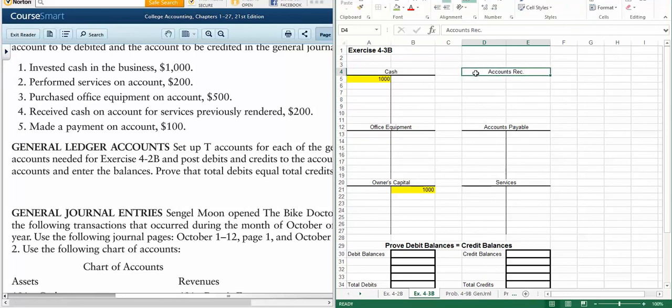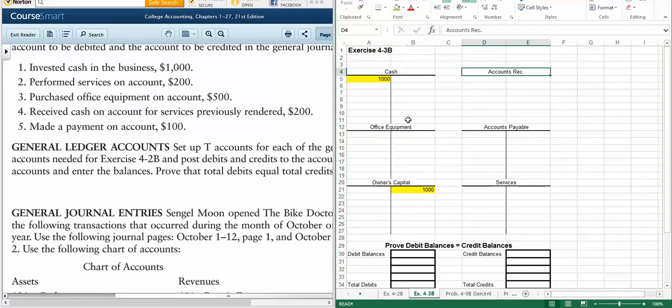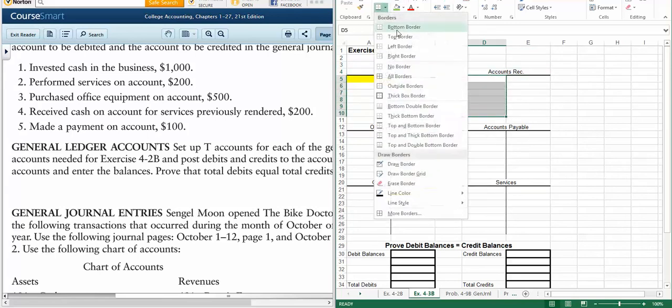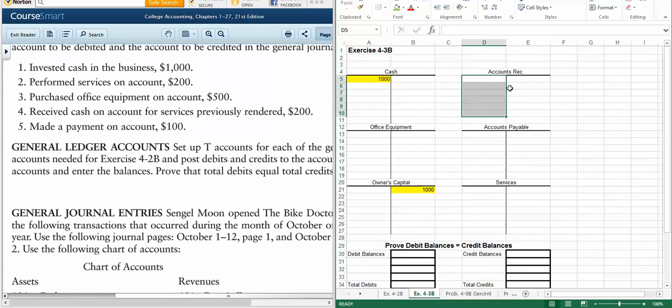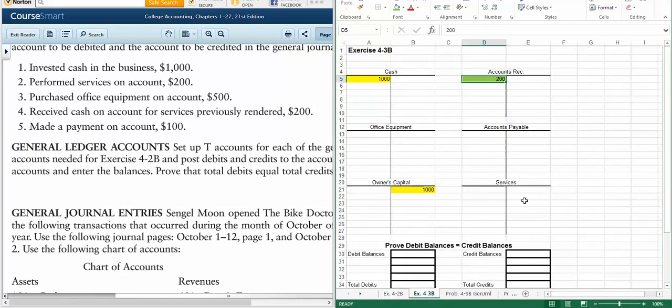This should already be in there on your homework. And let me put in the T line. Here we go. So we have $200 to accounts receivable, and then we have $200 to our services account.